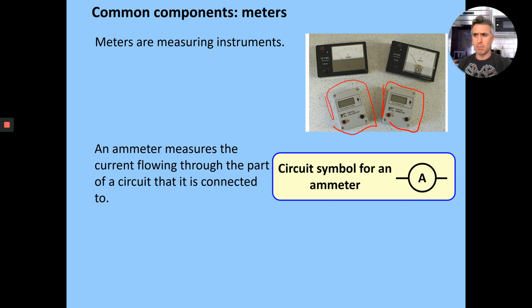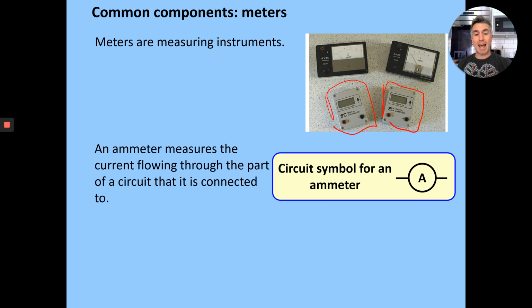When the current goes through, the needle goes up. You see that in a car: if you're driving, the speedometer or the fuel gauge will vary like that.